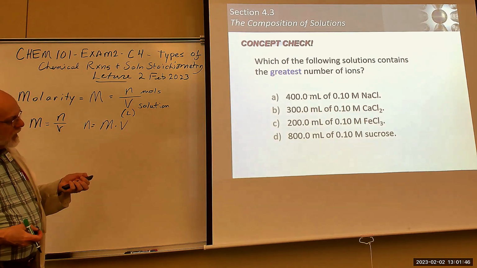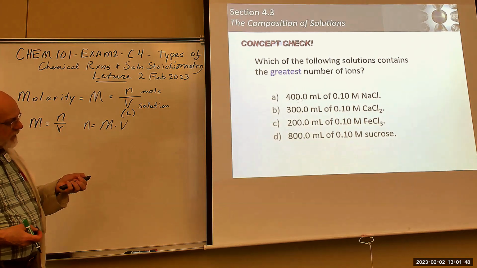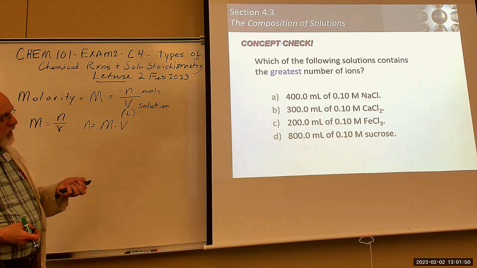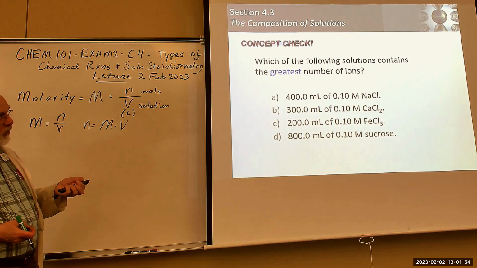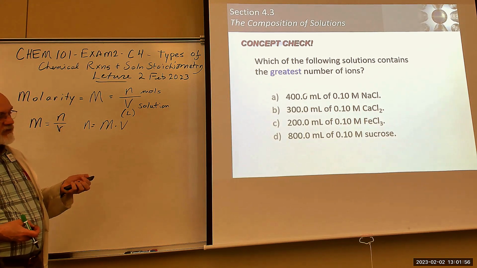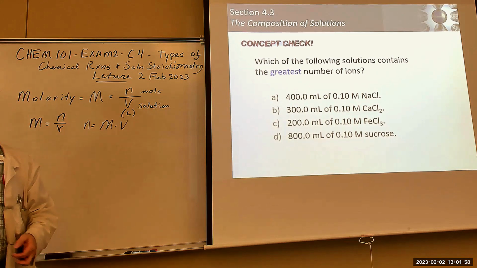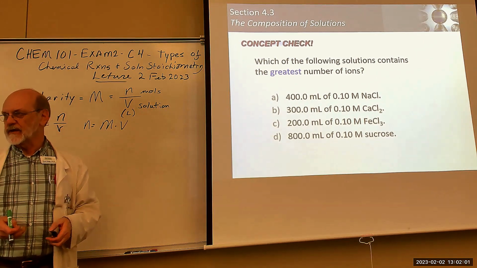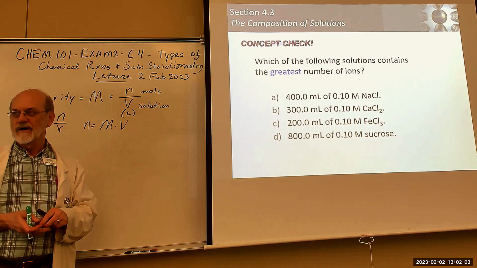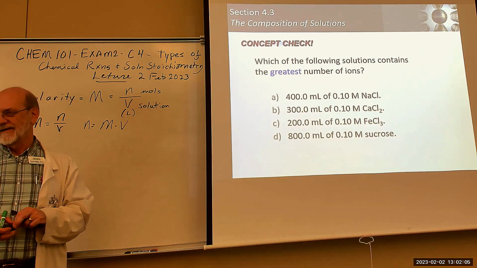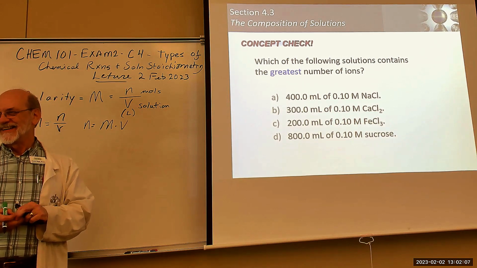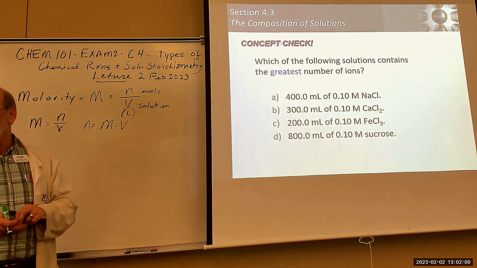We want molarity times volume. But we also want to take into account the number of ions each. So 0.1 times, well, that's not in liters though, is it? How many liters is 400 milliliters? Four. Close, right?